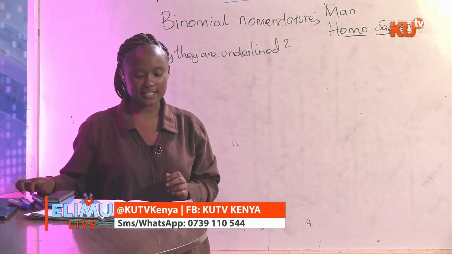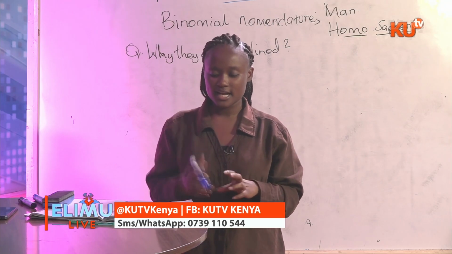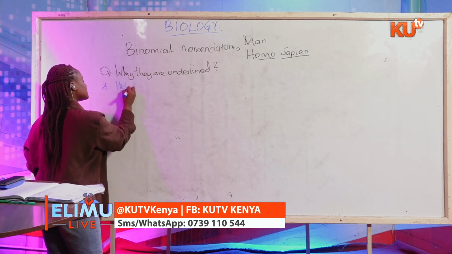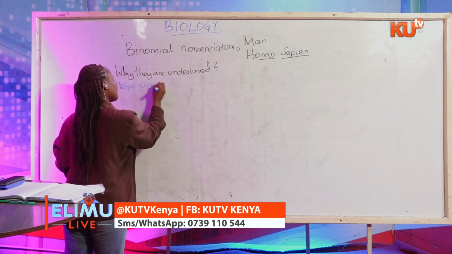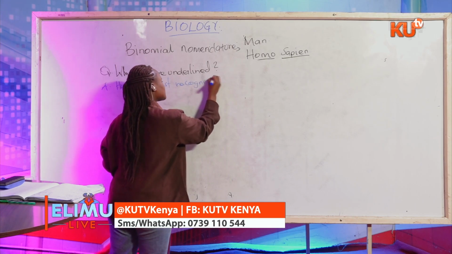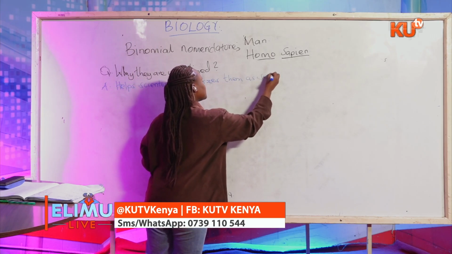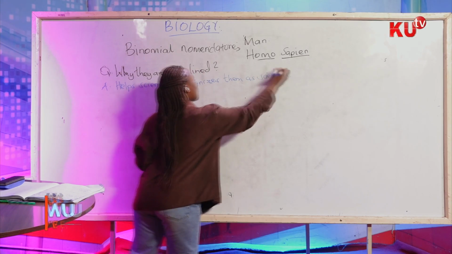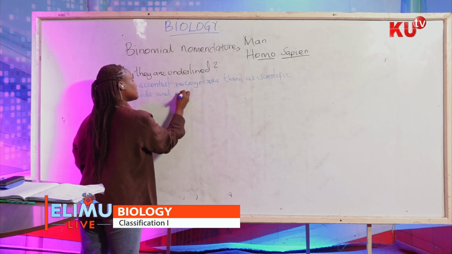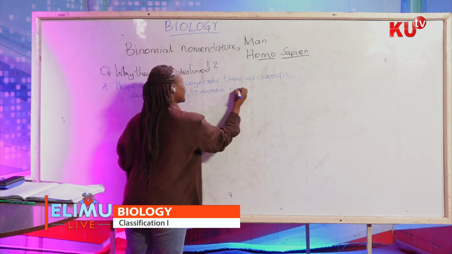So the reason for underlining is that it helps scientists recognize that they are scientific names. So the answer is helps scientists recognize them as scientific words and not common names.